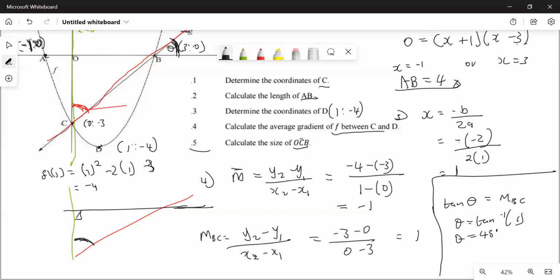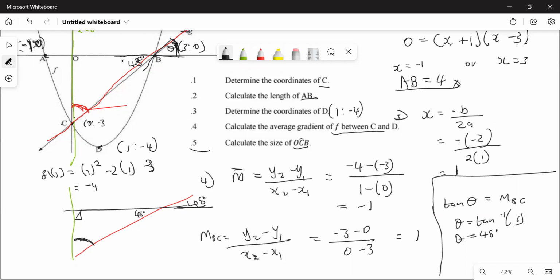Now, if theta is equal to 45, then we can come and put 45 here. But now, if you look at these two angles here, guys, this angle and this angle, they are vertically opposite to each other. So if this one is 45, this one here is also going to be 45.